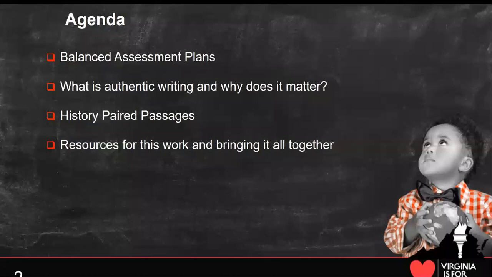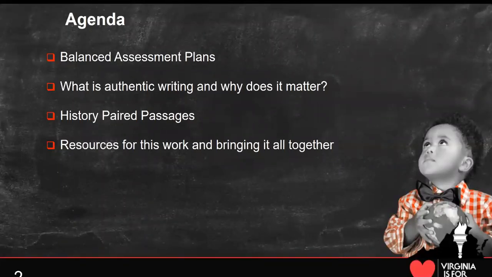Then we'll get into what it means for writing to be authentic, both within content areas and generally speaking. We will next move on to building paired passages around history and how that can be the best stimulus for some authentic history writing.